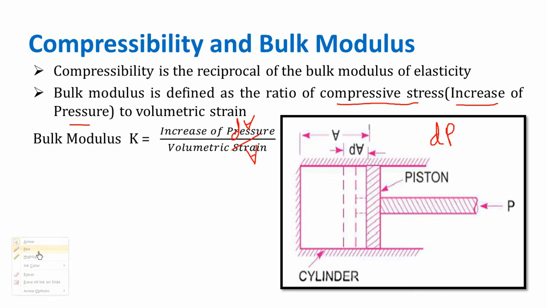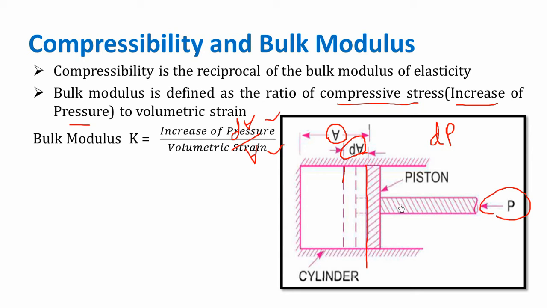The piston is initially at this position where the volume within the cylinder is V. The piston is moved in the forward direction because of some external pressure applied here, so the piston is moved up to here. We can see the volume change is nothing but dV. From this expression you can write volumetric strain equal to dV by V.